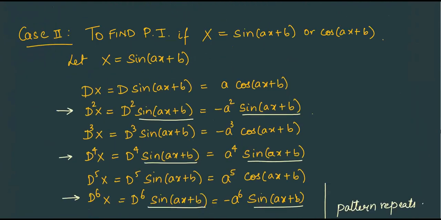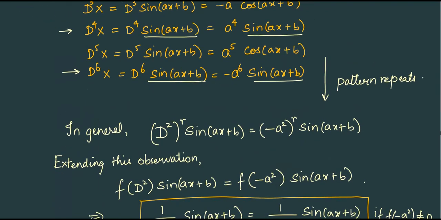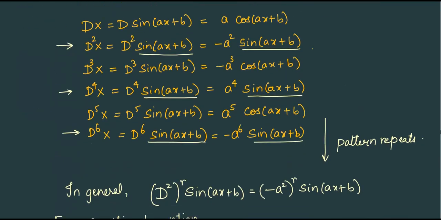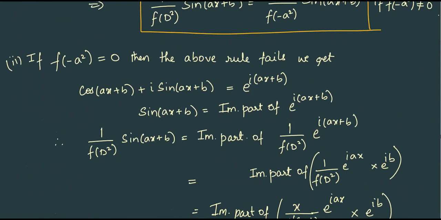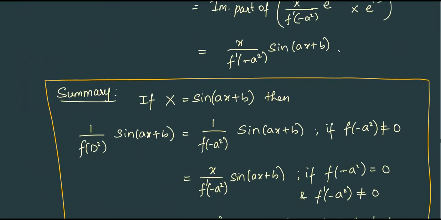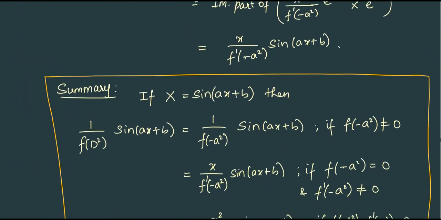Then suppose the right hand side is sine ax or sine of ax plus b or cos of ax plus b. Then interestingly, you have to write f of D in terms of a perfect square, f of D square.